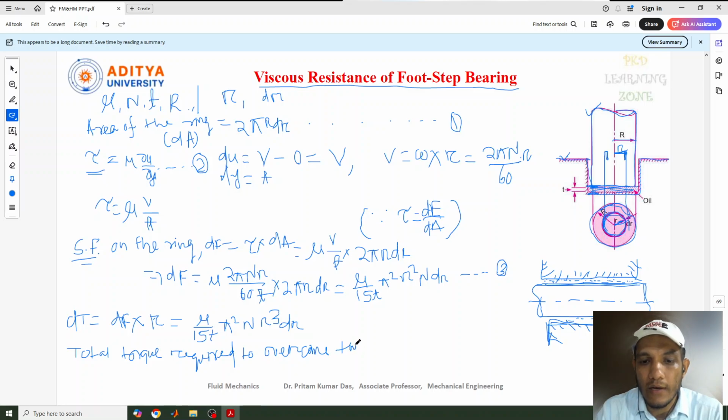For that, I'll integrate this torque equation with respect to r, from 0 to r.